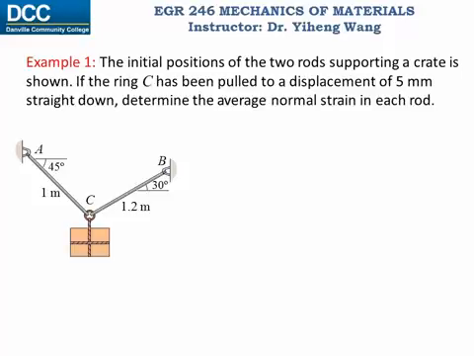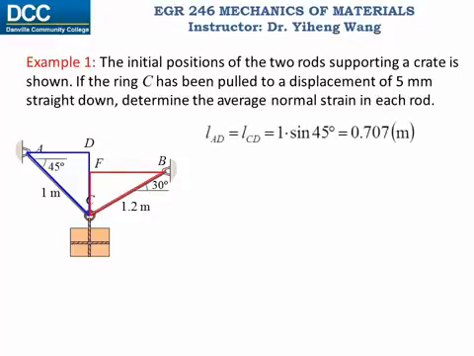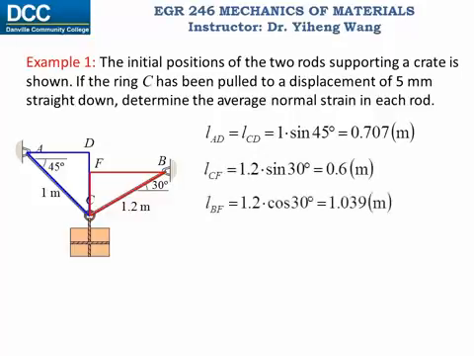So we need to do a little geometry. We're going to use these 2 right triangles to help us with some dimensions. According to trigonometry, we can calculate the length AD and CD, the length CF, as well as the length BF. Now, after deformation, keep in mind that the supports point A and B would not change.